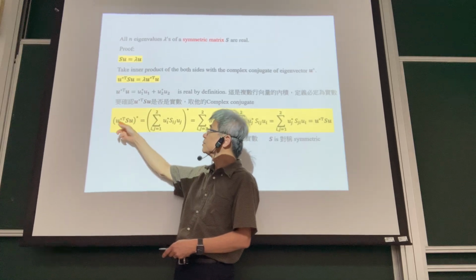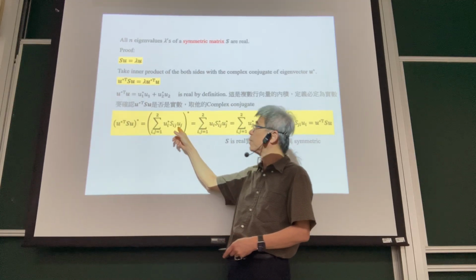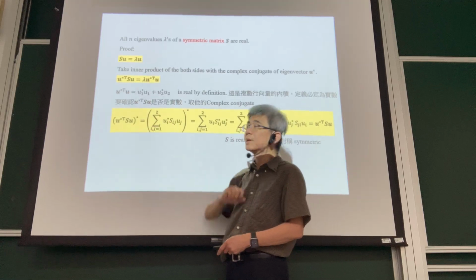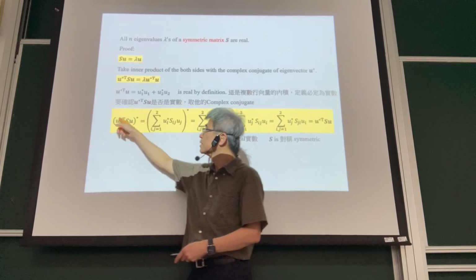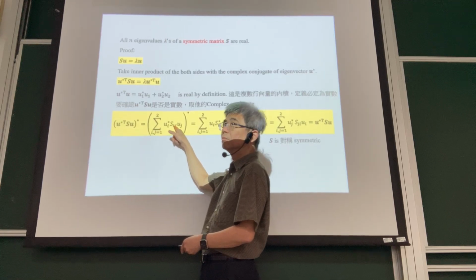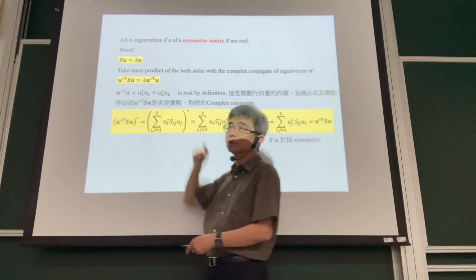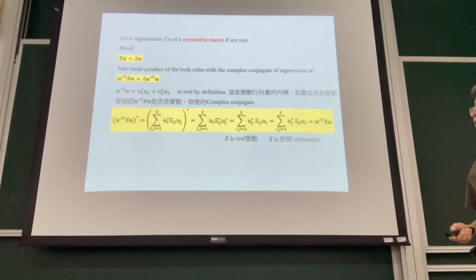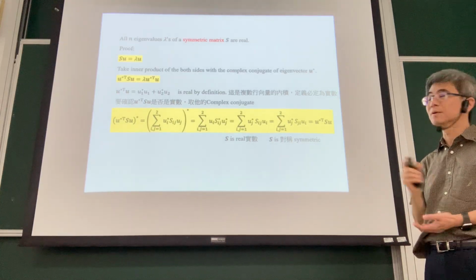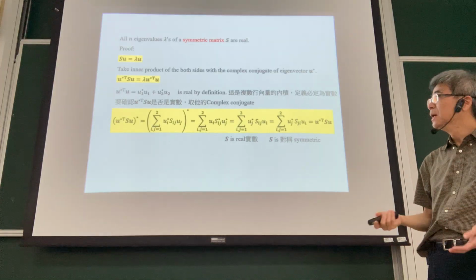And this column is multiplied by U star transpose. So it is multiplied by Ui complex conjugate. And then this i must be summed over, right? Because it's a row times a column. So the i and i must be identified and summed from 1 to 2. So please convince yourself this form could be written in this form, if it's not familiar to you already.